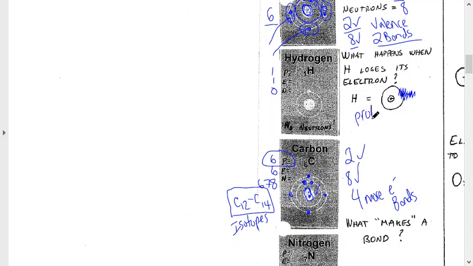So when hydrogen loses an electron, it becomes a rogue proton. You might see this referred to literally as the word proton, or H+. H+ is the same thing, it's just a proton. You might also see this referred to as an H ion. So 3 ways to say the same thing: proton, H+, or an H ion.